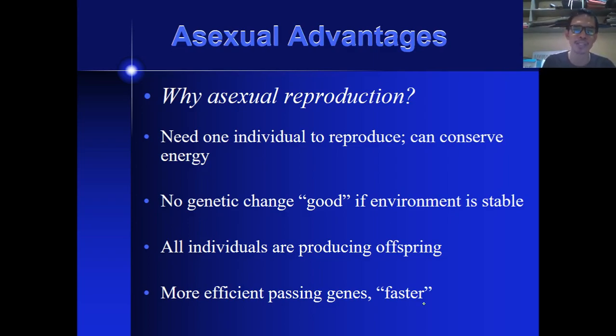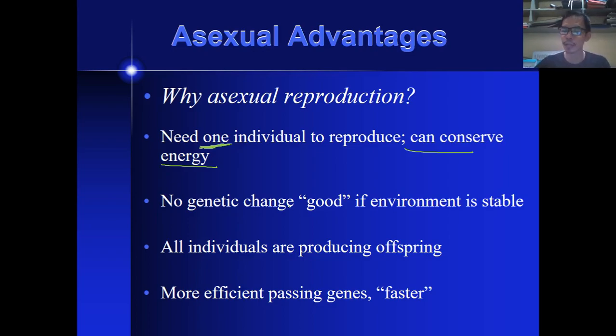Asexual reproduction can conserve energy during reproduction. You only need one individual to reproduce, and as it reproduces, you conserve energy. You don't need to invest a lot of energy in order to reproduce.